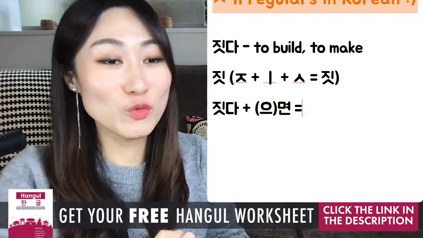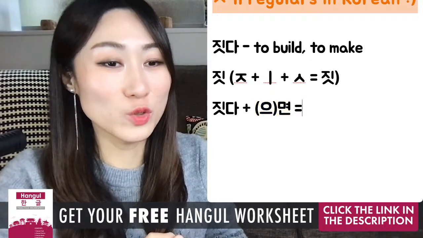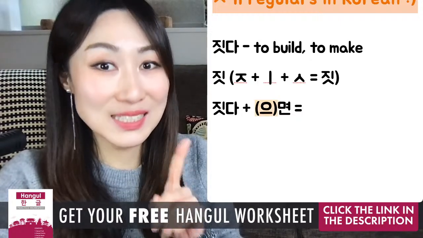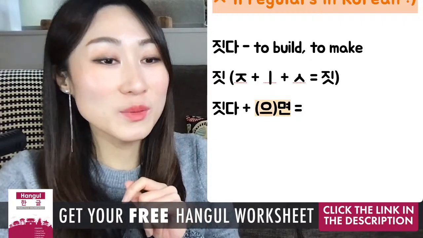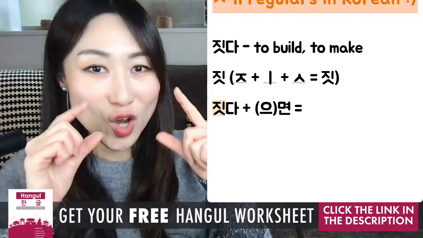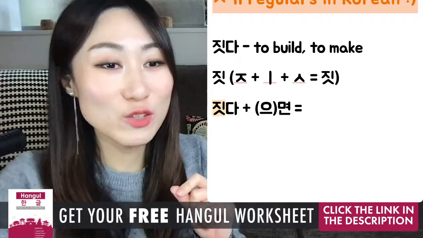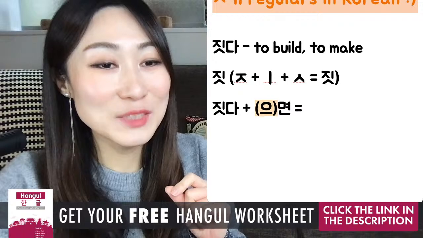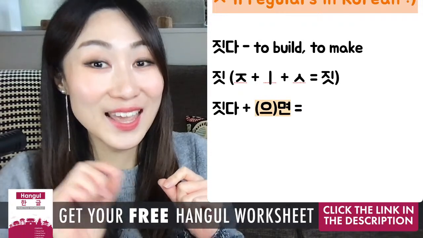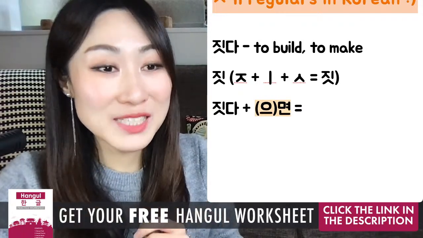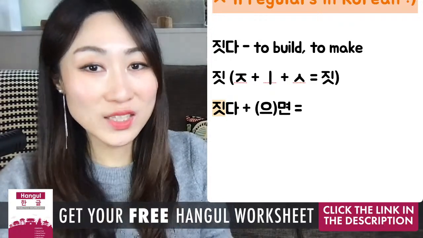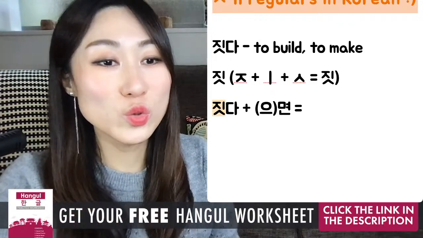For those of you who don't remember, let me quickly review. 으면 means if, and if the verb stem ends with a consonant, then you use 으면. And if the verb stem ends with a vowel, then use only 면.